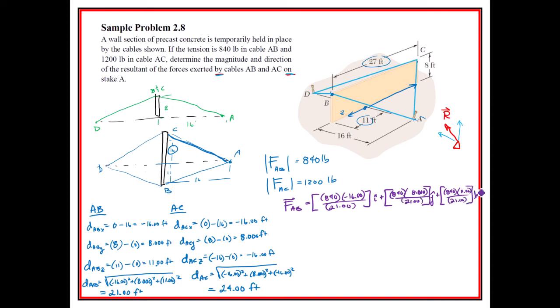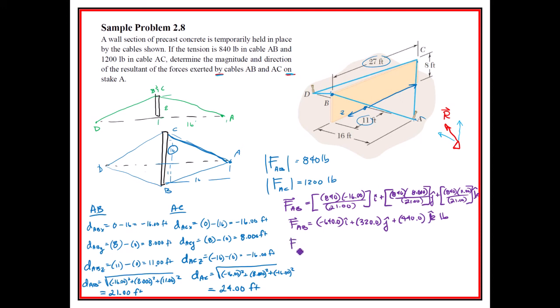And then K, and that should be pounds right in there. And so we can say that F_AB is equal to negative 640 I plus 320 J plus 440 K. And these are pounds.